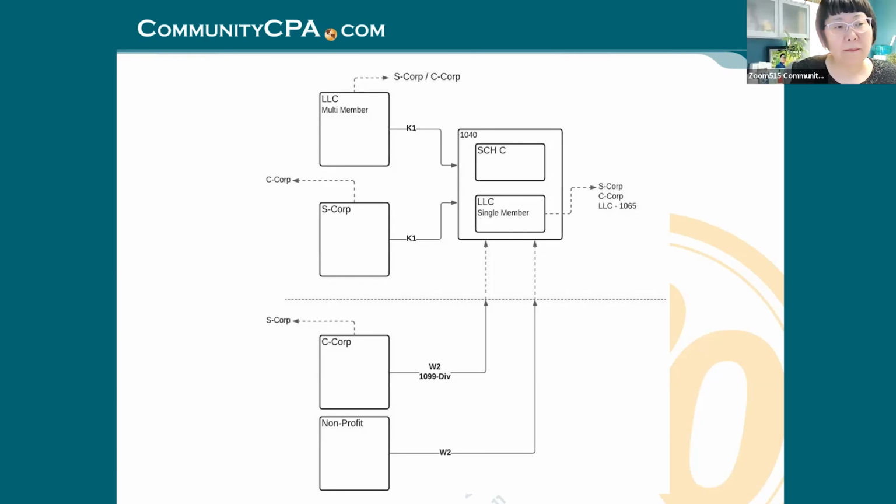And then if you look at the LLC multi-members and S Corp, they all issue K1s to your 1040. So the box on your right with the two little boxes inside, that big one is your 1040. That 1040 can report business under Schedule C, can report business under Schedule E, and also there is LLC single member. That is a disregarded entity, literally equal to Schedule C. All right, folks.